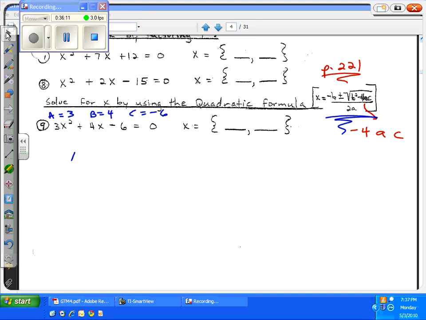And so we're going to have x is equal to, the way we read that negative sign right there is the opposite of B, which means we change the sign of B. It was a positive 4, so we make it a negative 4. Plus or minus. The reason that comes in is when you take the square root of something to solve, somewhere in that solving process, we would get rid of the square with the square root. That's how it enters into the formula.